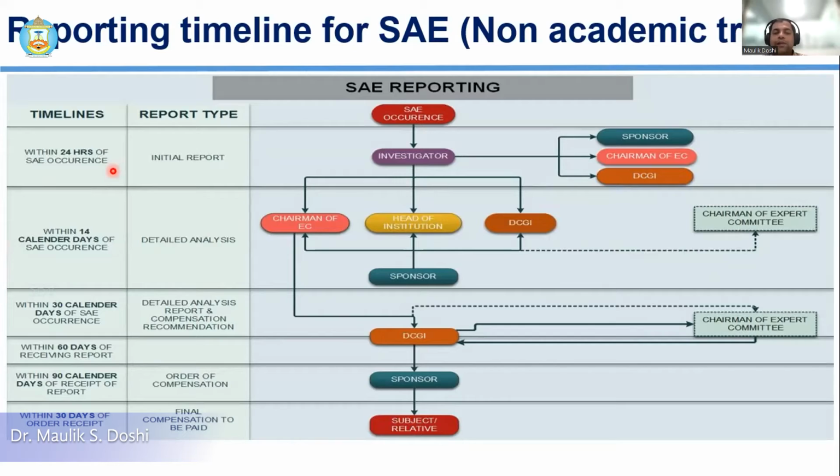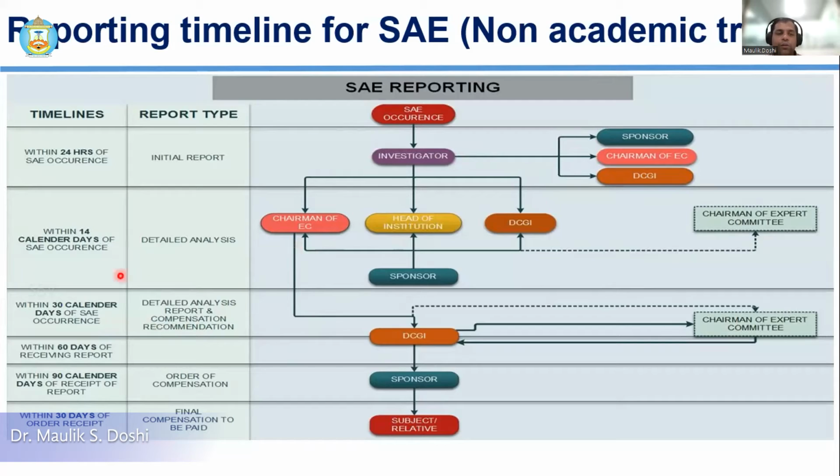In that case, if the 24-hour reporting gets delayed because of this issue, then the investigator will write a justification why he or she is reporting late. He or she can write that we came to know on this date at this time, and these are the reasons for the delay. That delay is acceptable to our regulatory agency.